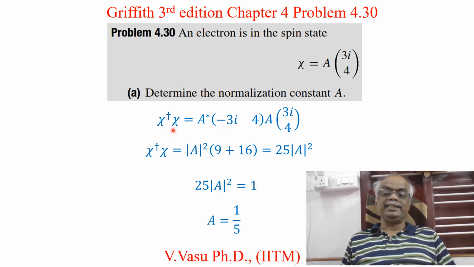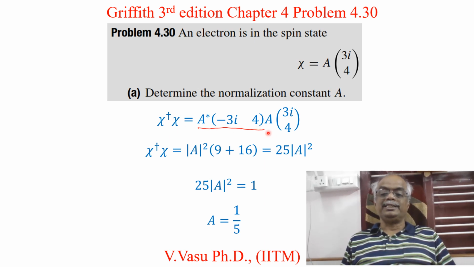Here chi dagger is this column matrix becoming a row matrix. Of course, A dagger is the complex conjugate of this, that is A complex conjugate. And 3i I am writing as minus 3i because we are taking the dagger, so the complex conjugate. And 4 I am taking as it is.